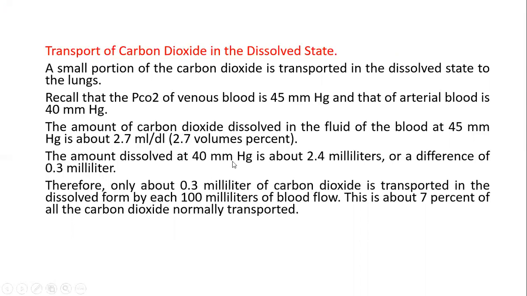The amount dissolved: if the PCO2 in the venous blood is 45 mmHg, the amount transported dissolved is 2.7. If the PCO2 is 40, the amount is 2.4 mol per deciliter. The difference between them is 0.3, which is a very small quantity. Therefore, only about 0.3 mole of carbon dioxide is transported in the dissolved form for each 100 mL of blood flow.